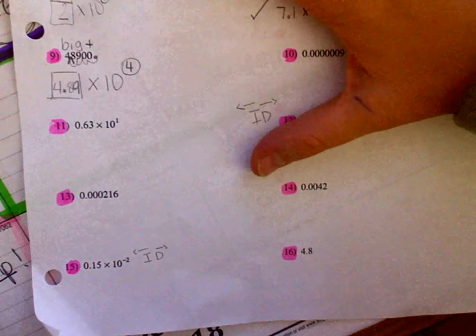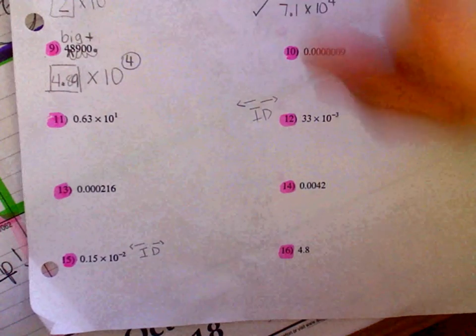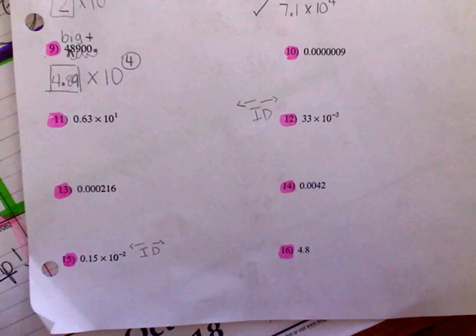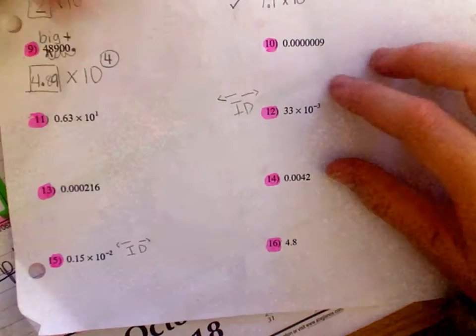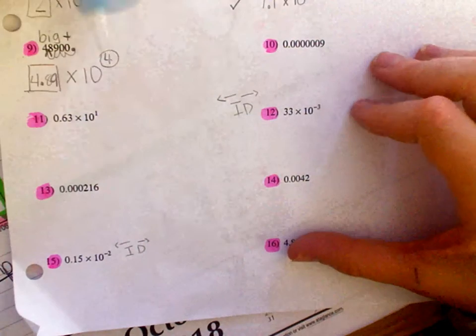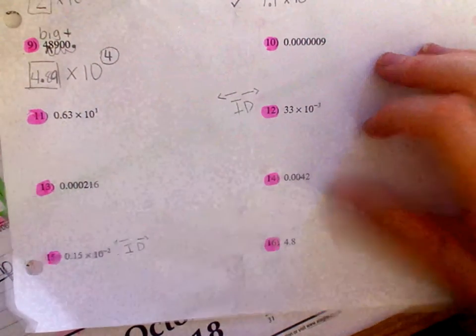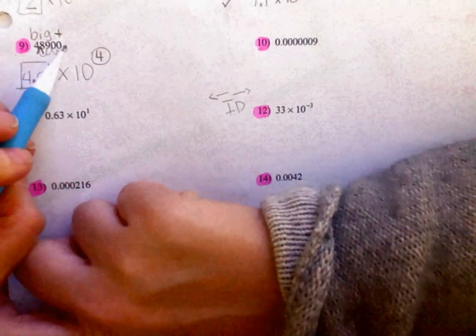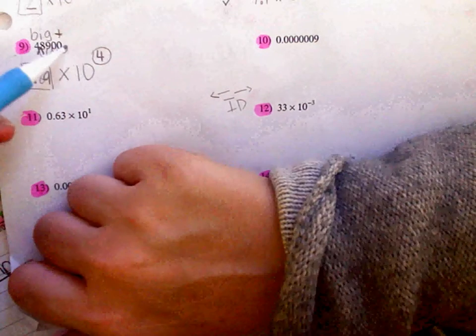Okay, if you want to use the ID rule that we talked about in class, that's another good way to think about how to make your exponent positive or negative. Say on this one, we moved the decimal left 4 decimal places, so that means I increased my exponent by 4.